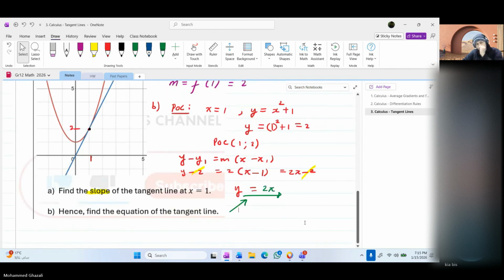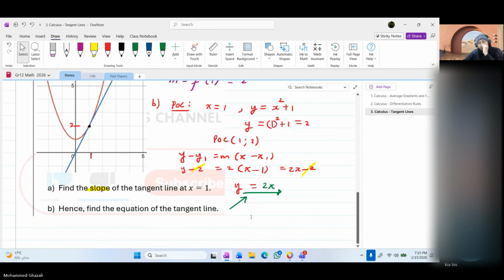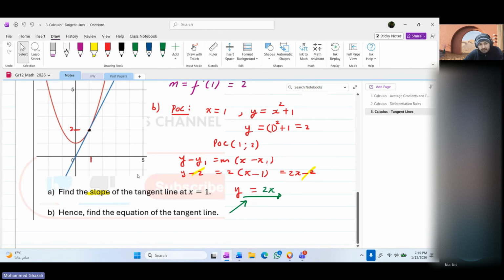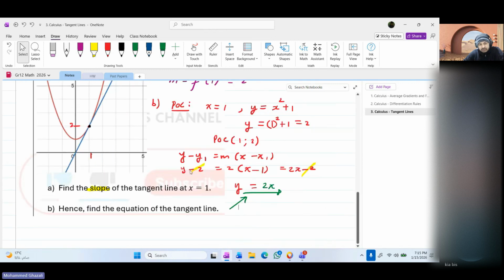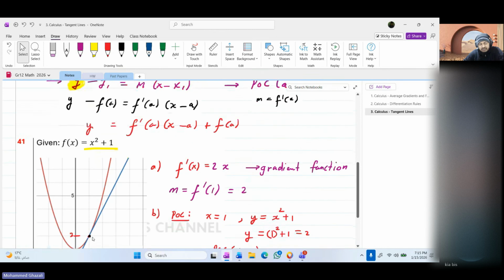Now, another question is, how else could we have done it using grade 11 knowledge? We have to say x squared plus 1 is equal to mx. You're going to have two unknowns there. f of x is equal to g of x.